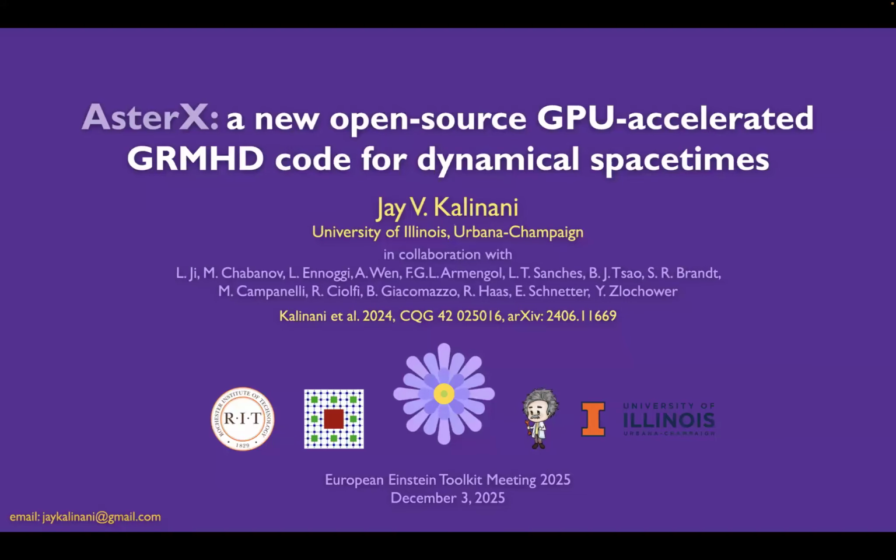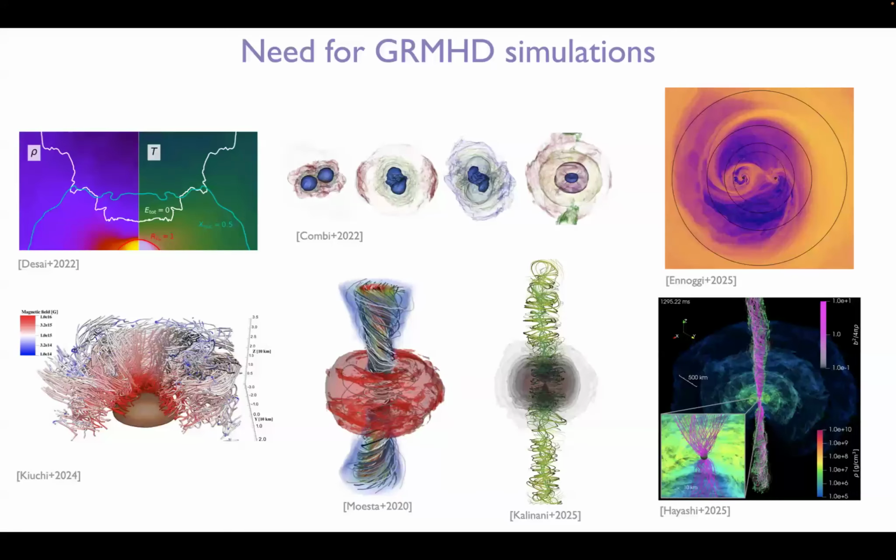Right, so why do we care about GRMHD? In case we want to study different astrophysical processes around compact objects, that's where the G comes into the picture.